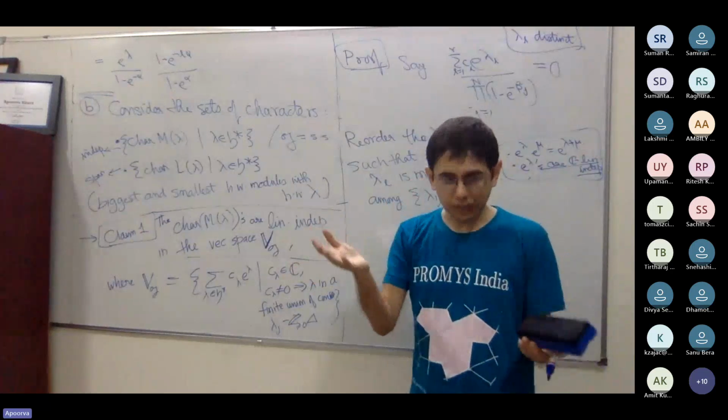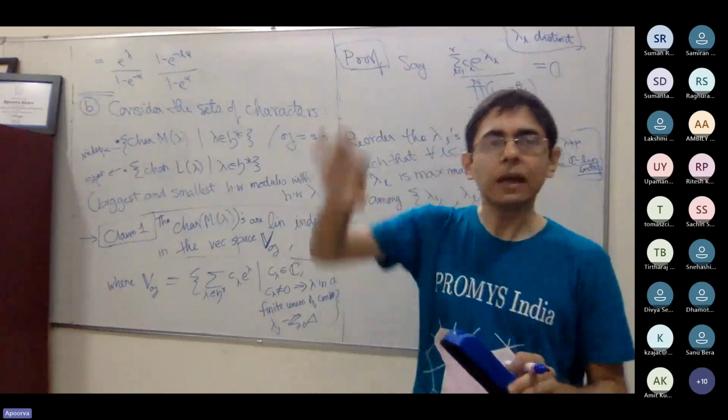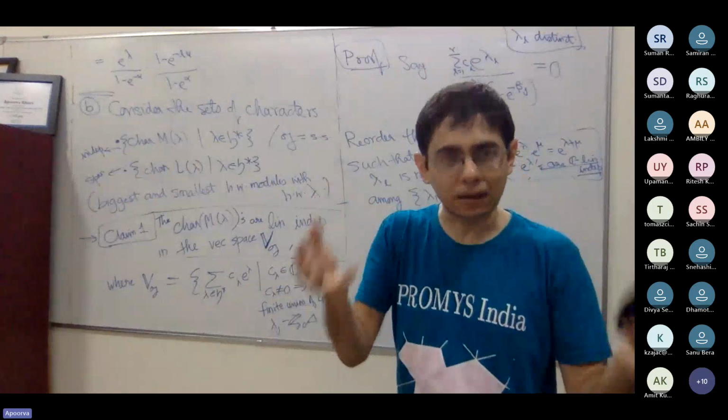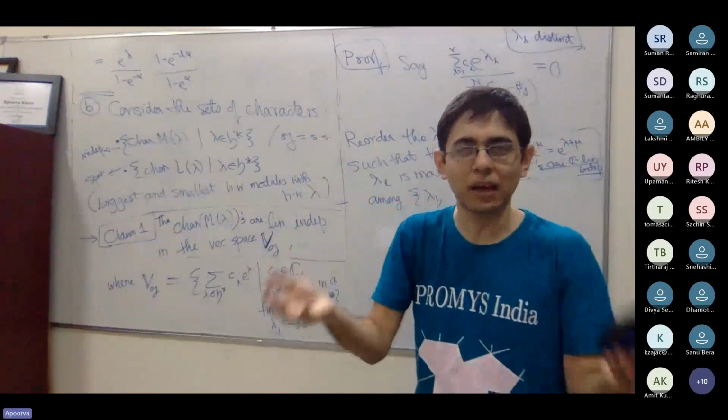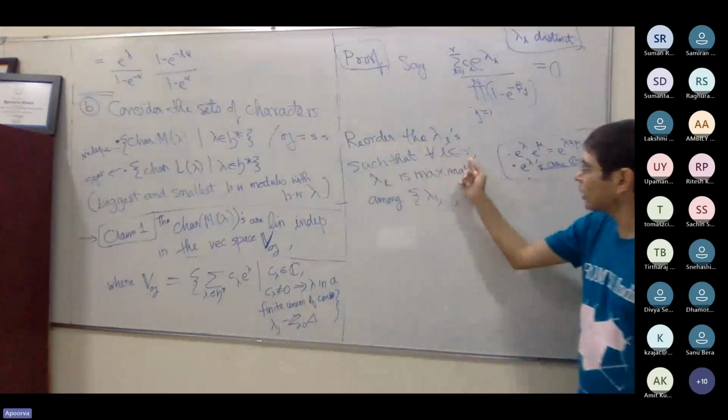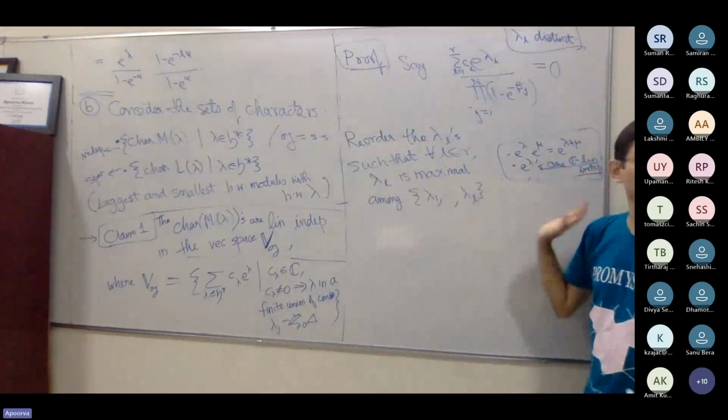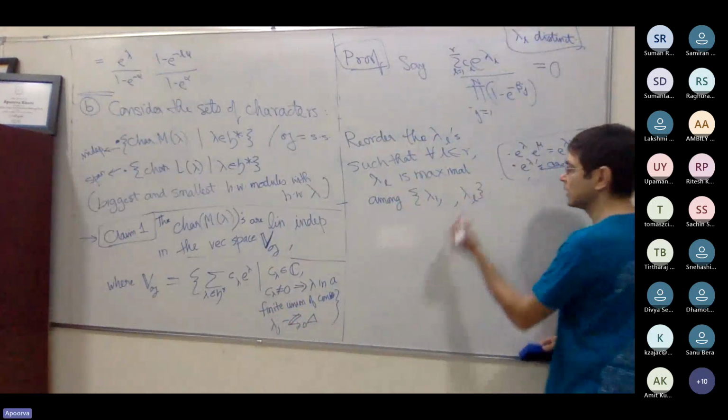There are only finitely many of the lambdas. If you remove lambda R, there is nothing bigger than lambda R minus 1. If you remove lambda R minus 1 as well, there is nothing bigger than lambda R minus 2. So for all L less than or equal to that, lambda L is maximal among these; there is nothing bigger among these.